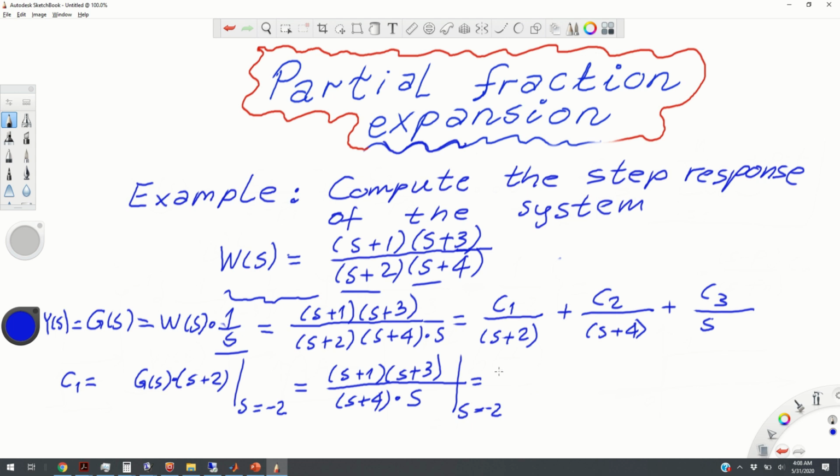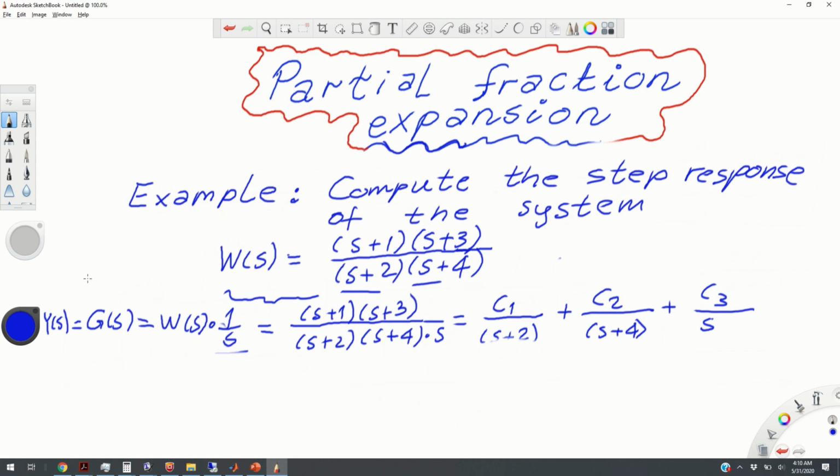So we have minus 1 multiplying 1 over 2 multiplying minus 2. So we have 1 over 4.